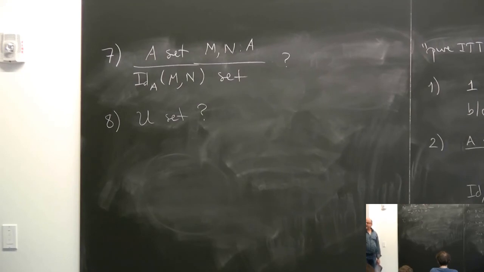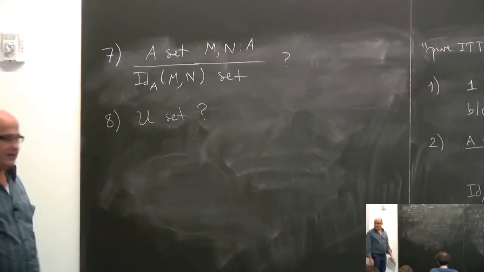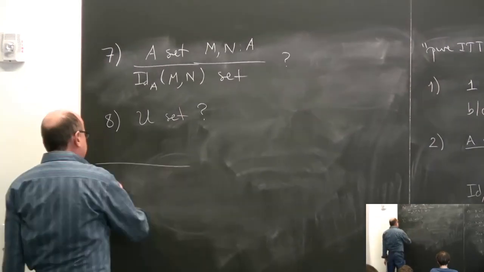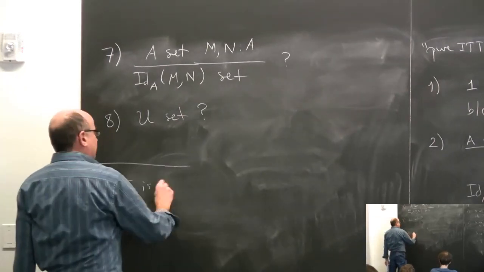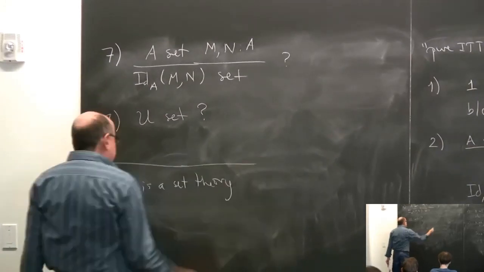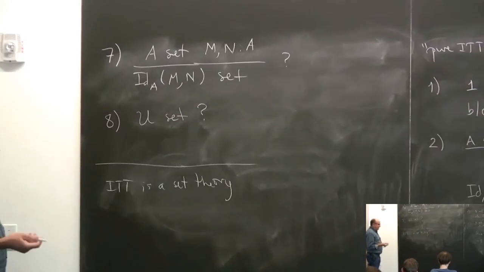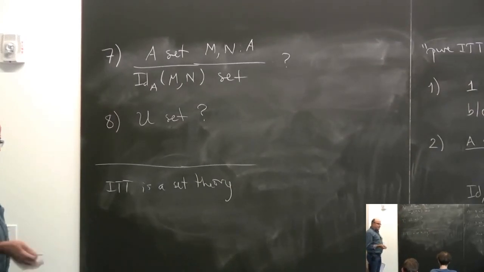If I resolve these positively, then I will have said ITT is a set theory. That is interesting as an observation, but it also accounts for something that was a thorny, contentious issue for decades.